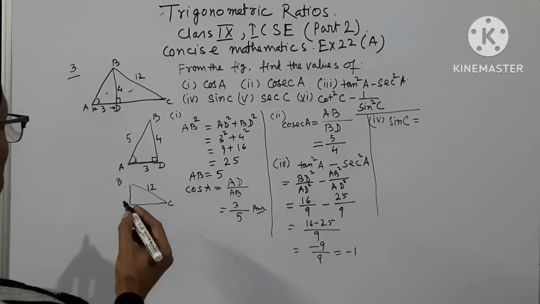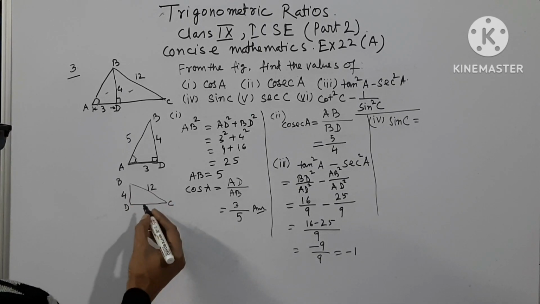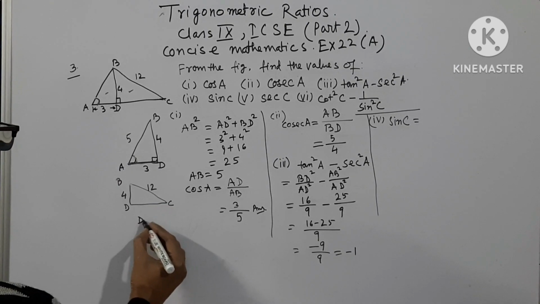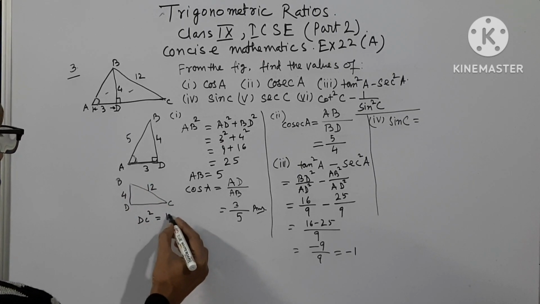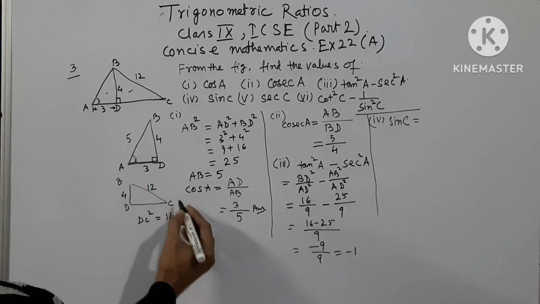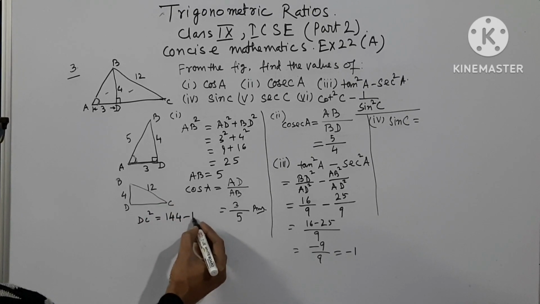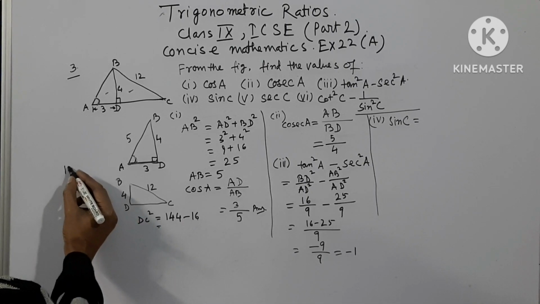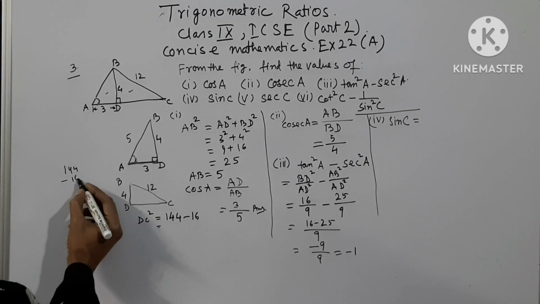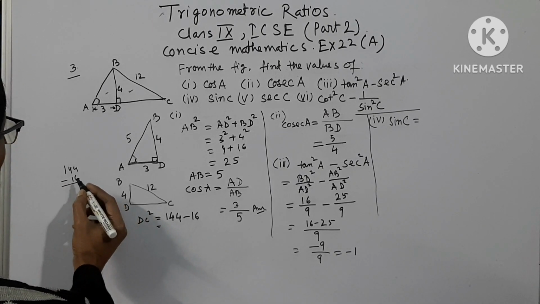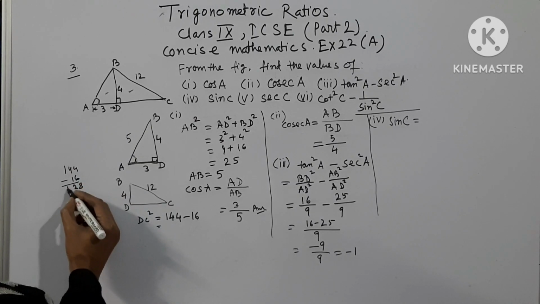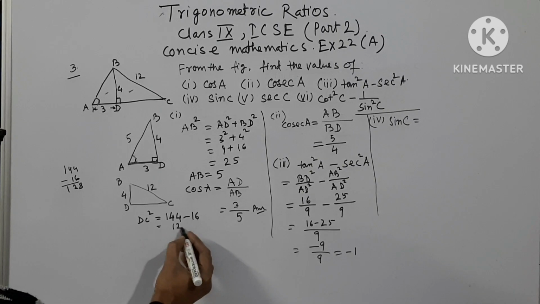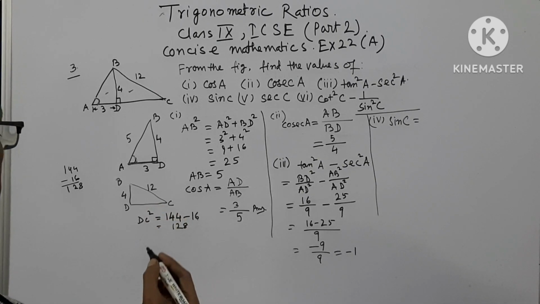BC is 12, BD is 4. So again you have to find DC square equals BC square minus BD square. That means 12 whole square is 144 minus 4 square 16. 144 minus 16 is 128.